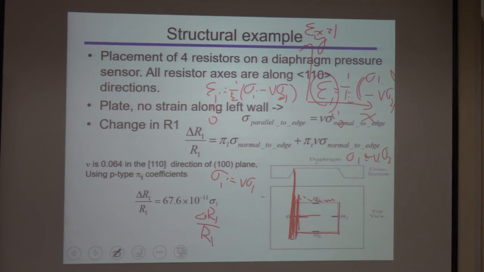divided by R1 equals pi L, where L is the R direction. Then the sigma in the R direction is sigma 1 prime, because we say this is 1 prime.